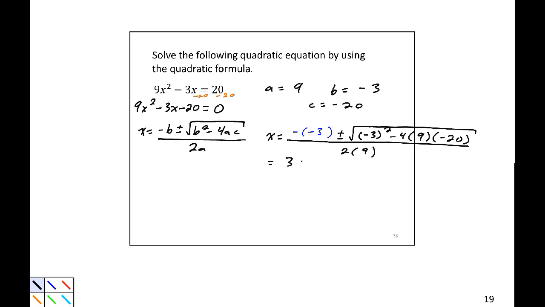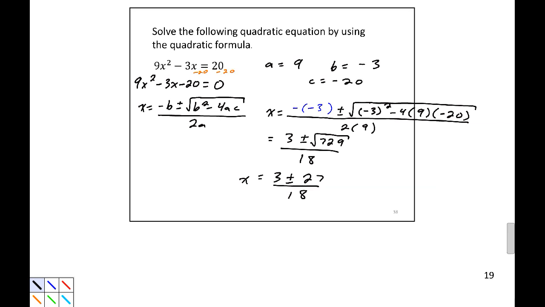So we have 3 plus or minus the square root of something divided by 18. Now underneath that radical, I have 3 squared, so that's 9, minus 4 times 9 times negative 20, which is 729. And actually, 729 is a perfect square. Square root of 729 is 27. So this is 3 plus or minus 27 divided by 18.